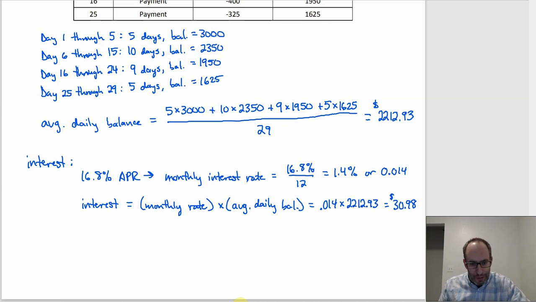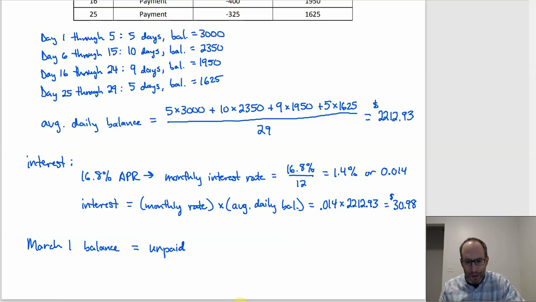Okay, so then the March 1st balance would be equal to the unpaid balance plus interest. And the unpaid balance, you can actually see it at the top of the screen right now, it's $1625, right?